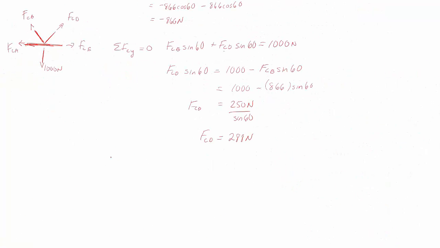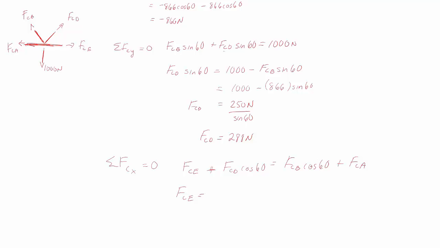So sum of the forces at C in the x direction is all 0. So FCE plus FCD cos 60 is equal to FCB cos 60 plus FCA. FCE is equal to FCB cos 60.